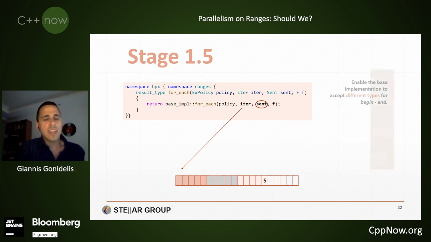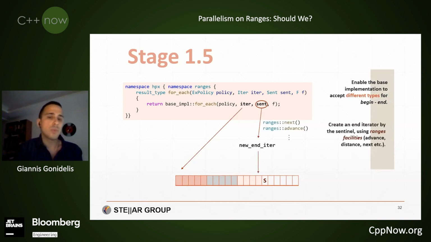So there it gets a little trickier, but with a little tweaking with ranges facilities, we need to calculate the distance between begin and end, and that's not trivial anymore since their types are not uniform. We create in the base implementation a new end iterator. We calculate the distance, we split the workload, and things run in parallel again.